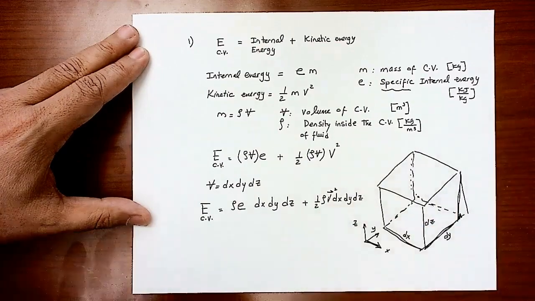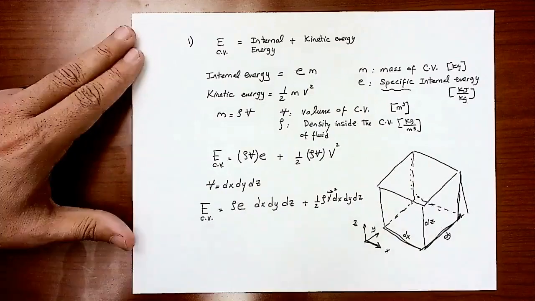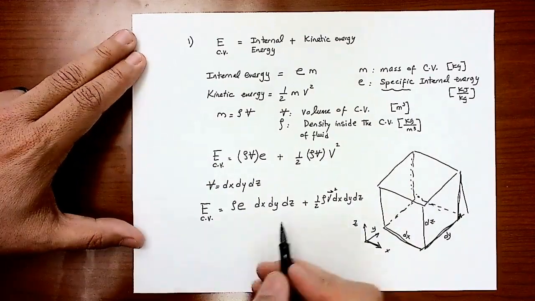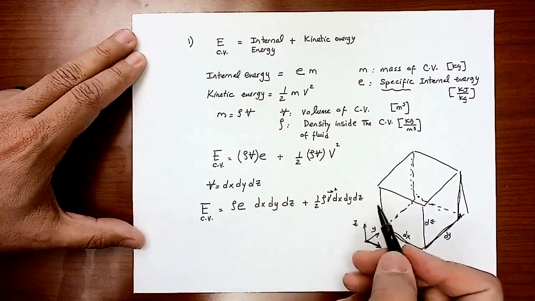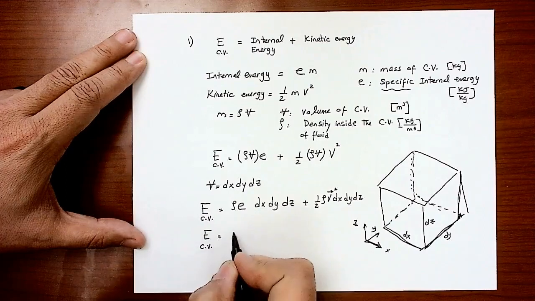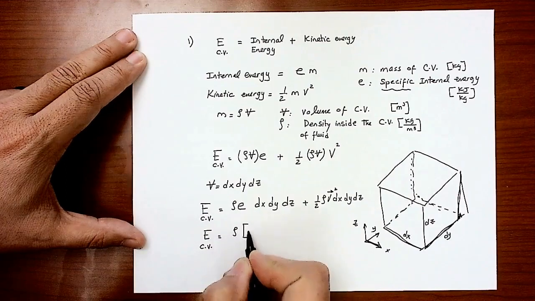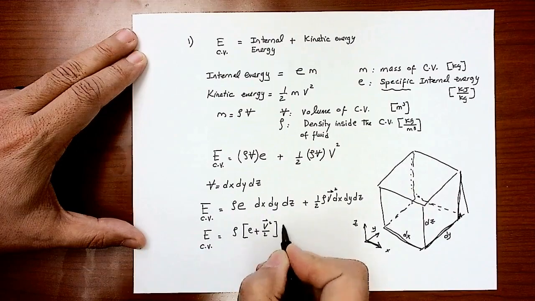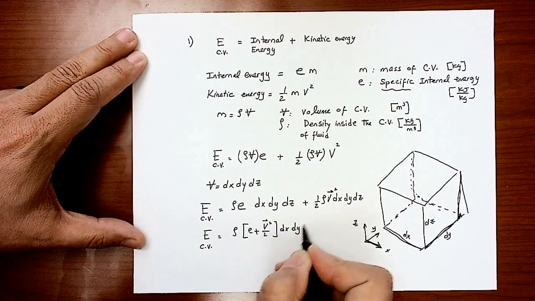So I would call it like v squared for now. So I can rewrite that equation. I can take dx, dy, dz as a common factor. So I will have the energy within that control volume equal to rho times E plus v squared divided by 2, times dx, dy, and dz.